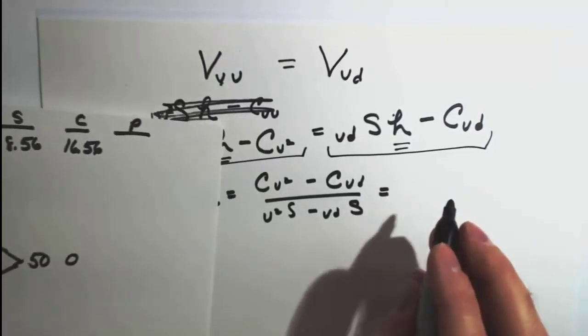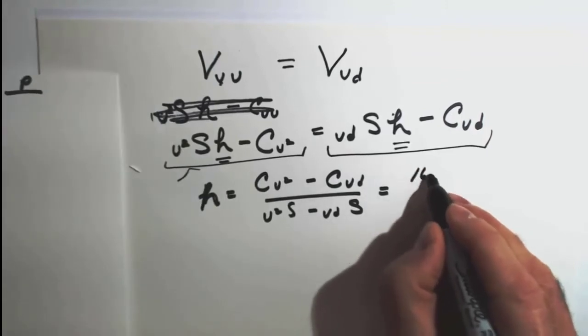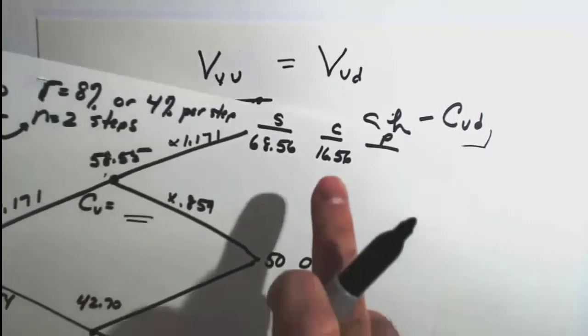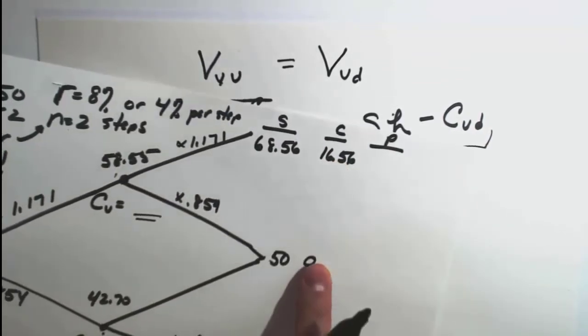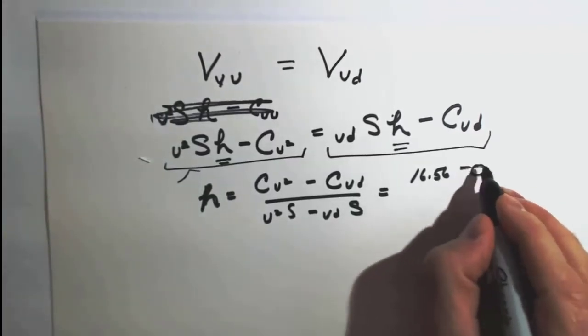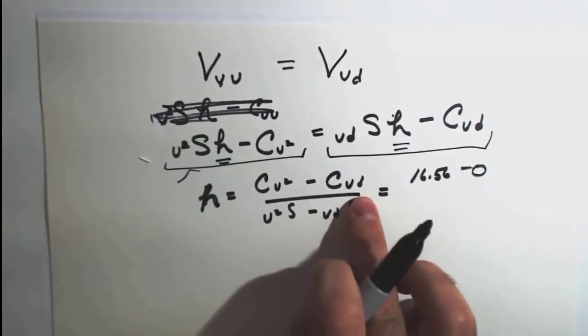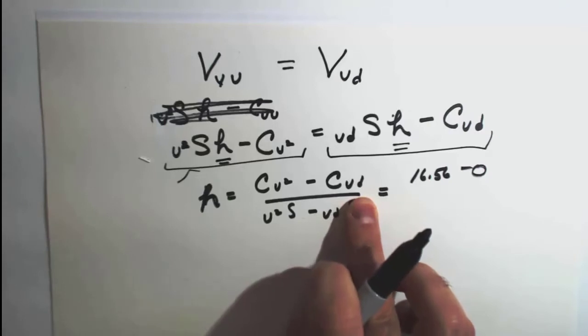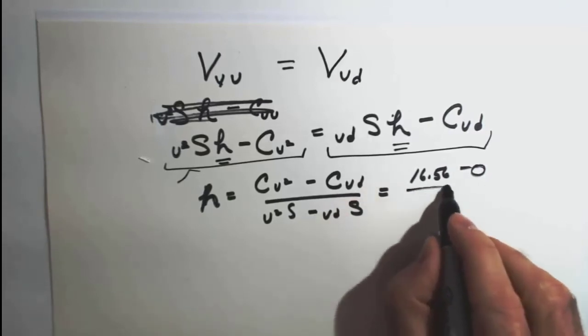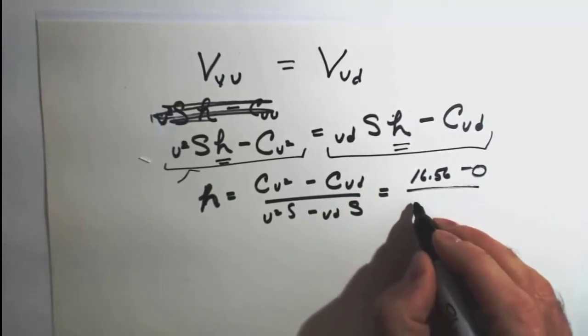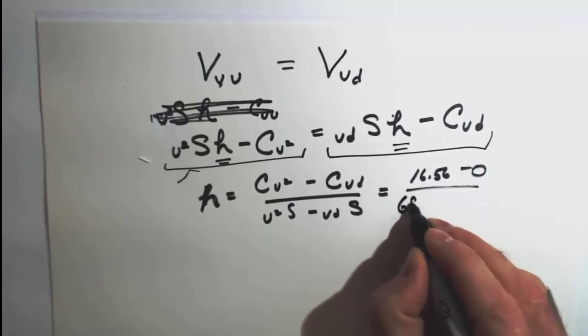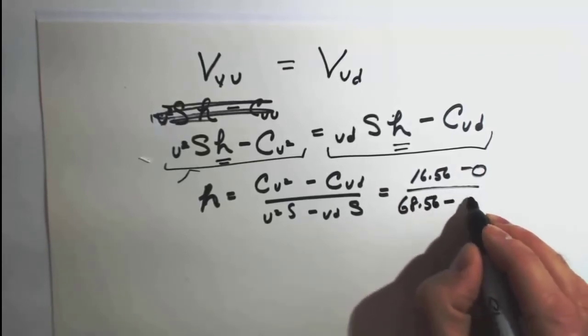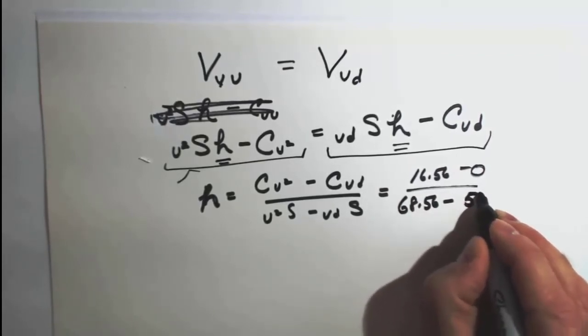H equals, plug the numbers in. This is 16.56 from this table. And then it's going to be 0 here for the CUD. And then what we're going to do is take the stock on the upside, 68.56, and subtract it on the downside, 50.